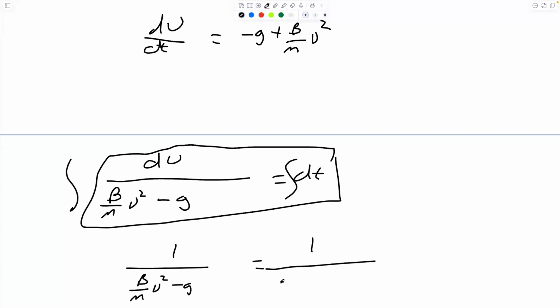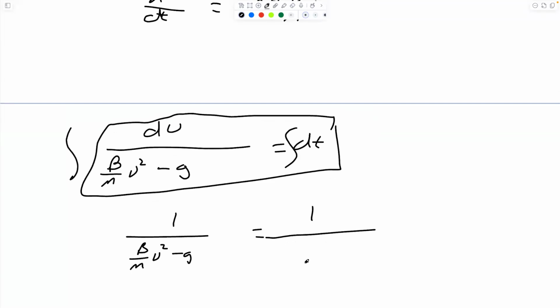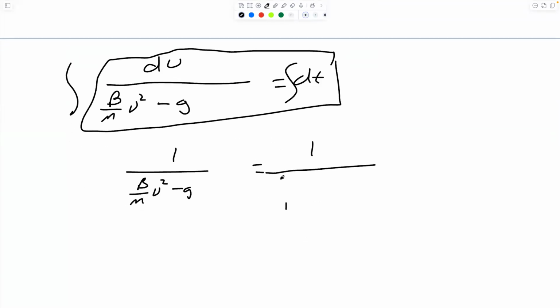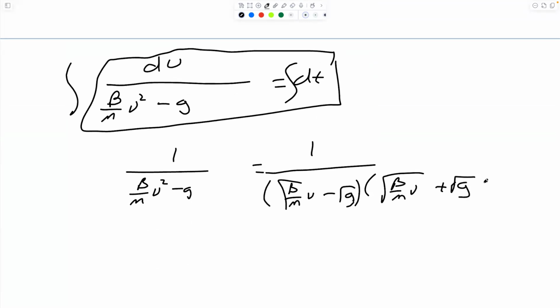So this would be square root of b over m v minus root g times root beta over m v plus root g.